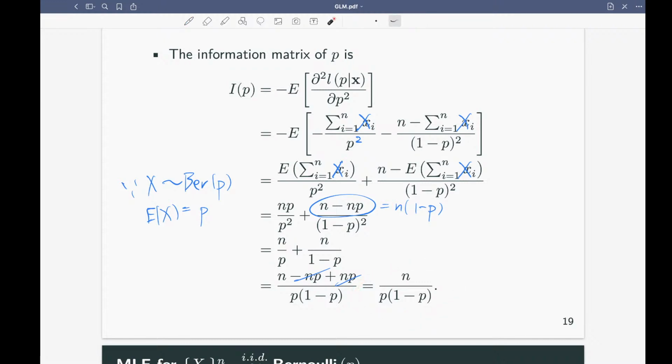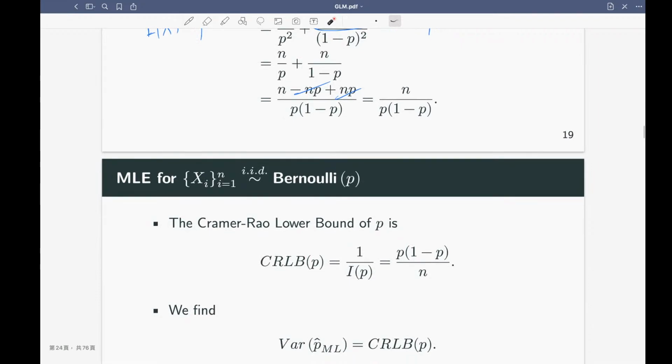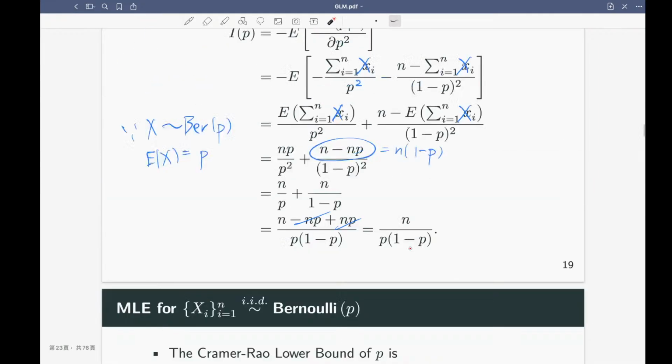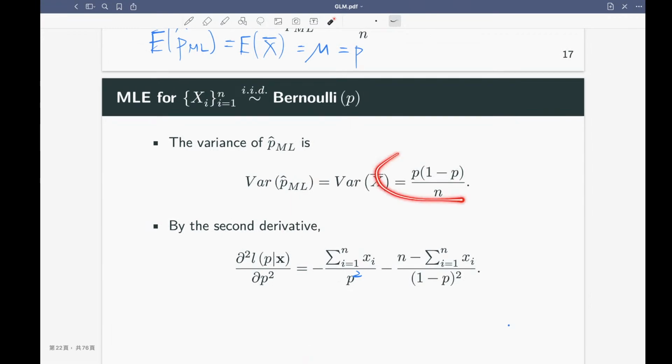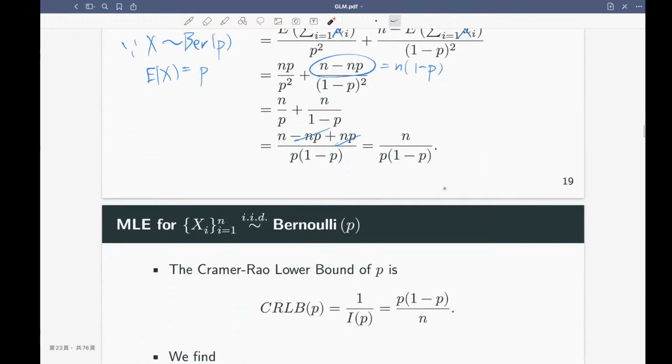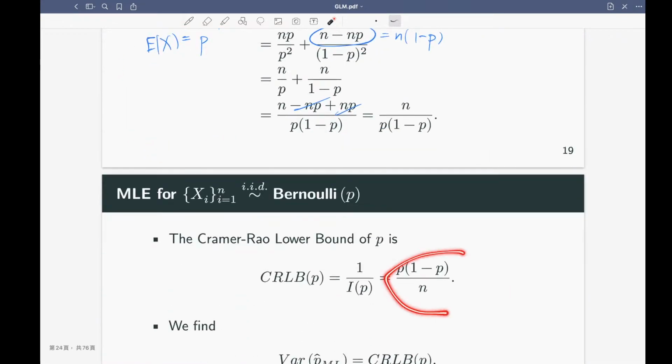And now we can calculate the CRB. CRB is 1 divided by the information matrix. So we have this result. And we can focus on these two terms. The variance of the MLE is this. And the CRB is this. You find they are the same.